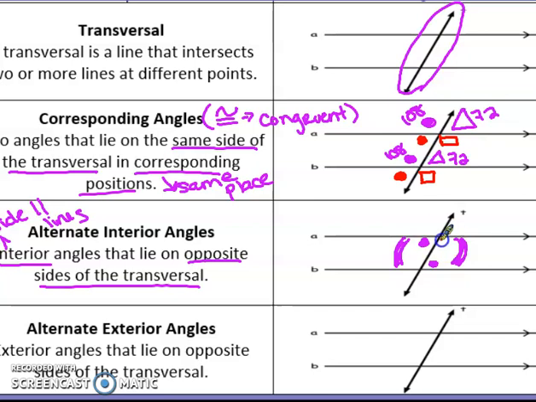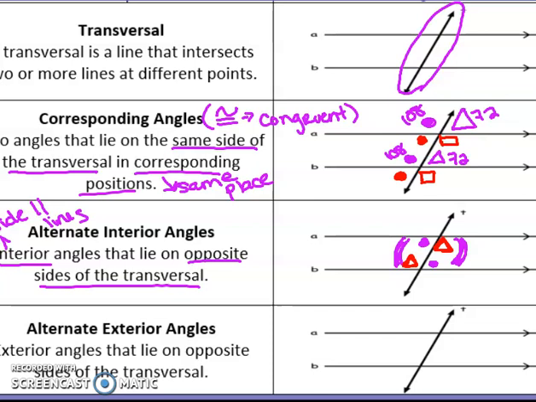I can also do my top right is alternate interior to bottom right is alternate interior to the top left. It is the opposite side of the transversal, but it's still inside those parallel lines. In this case, corresponding, we had 4 sets of corresponding angles.